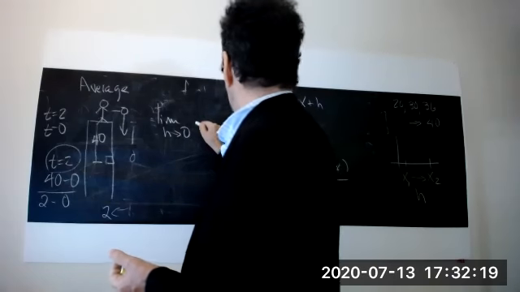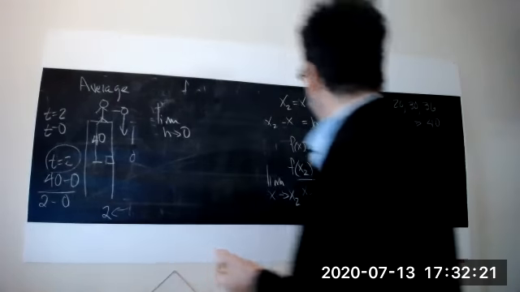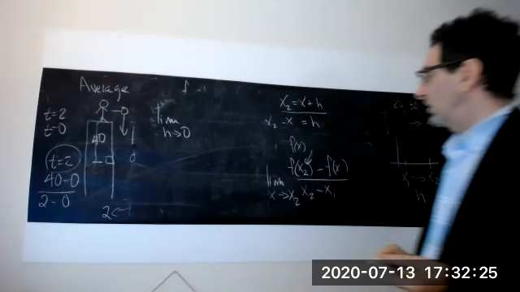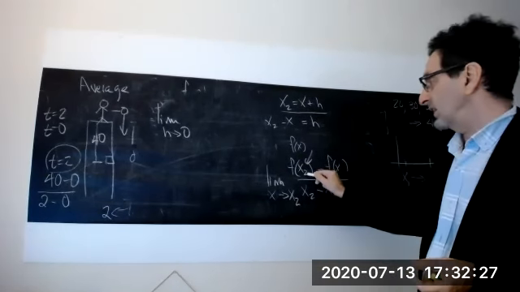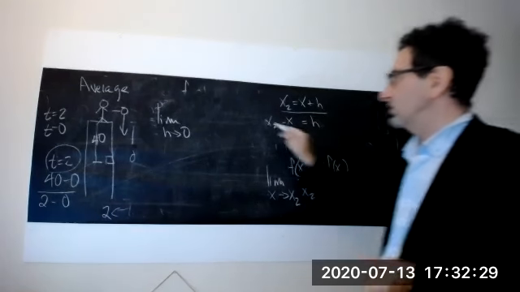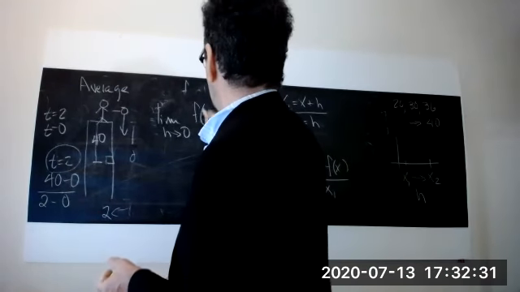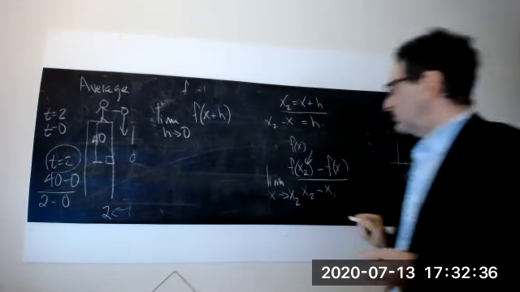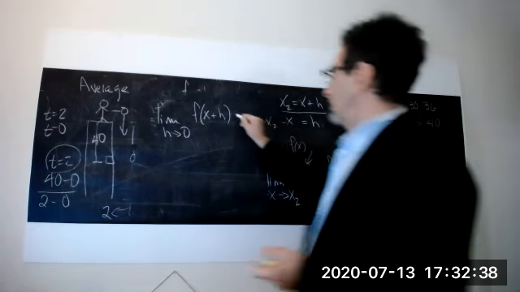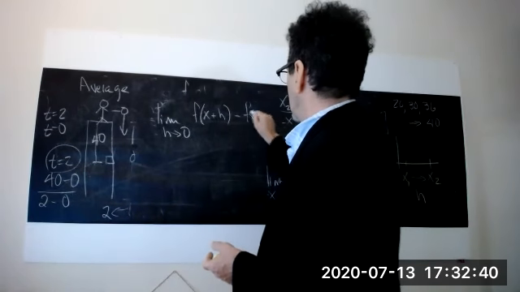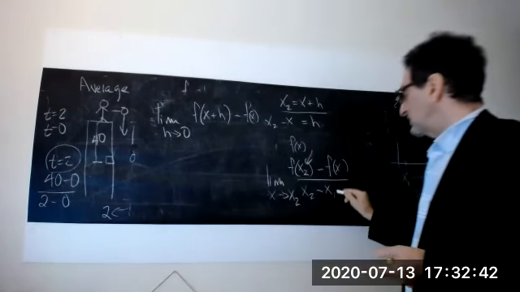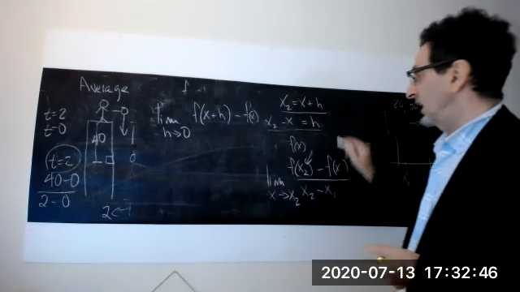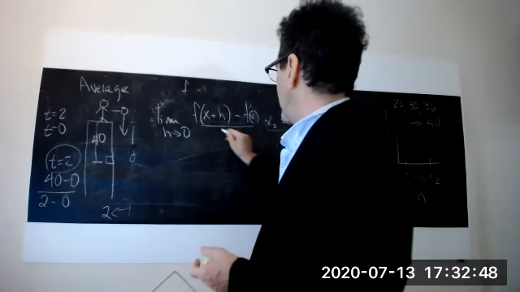I'm also going to use this expression to put in here. Instead of f of x2, I'm going to write f of x plus h. And then I'm going to leave this one alone. And then I have x2 minus x1, but that was the distance between x2 and x1, which we said was h. So on the bottom, I'm going to put h.